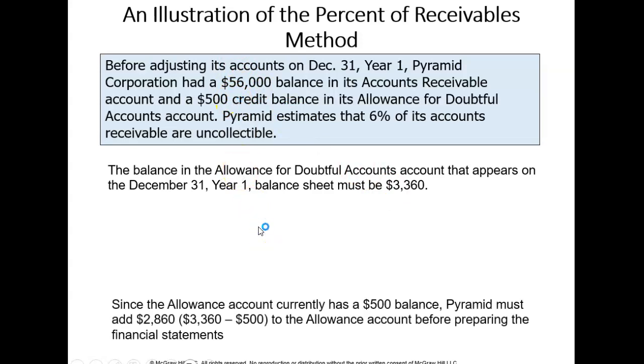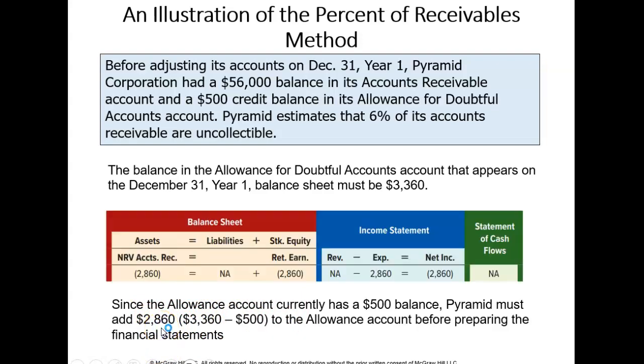So to get the amount of your expense, subtract the 500, what's in there already, from your desired ending balance of 3,360, and that gives a difference of $2,860. This 2,860 is going to be recorded as your uncollectible account expense.